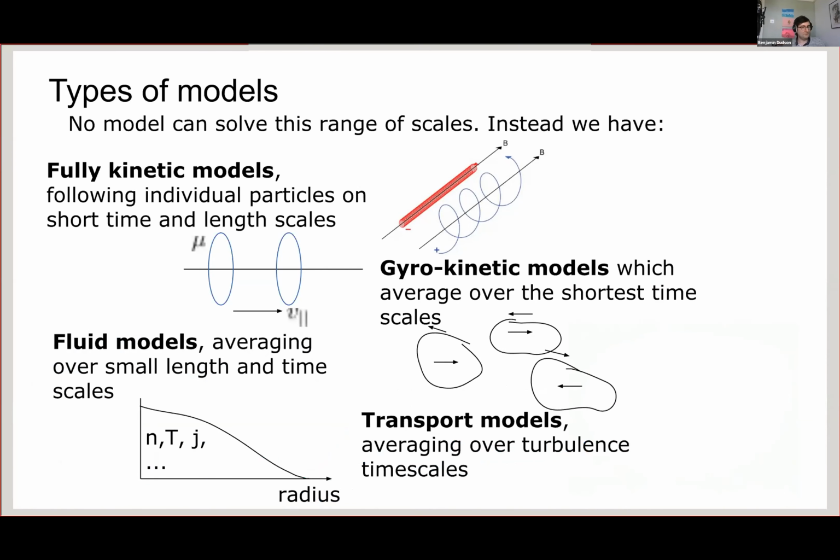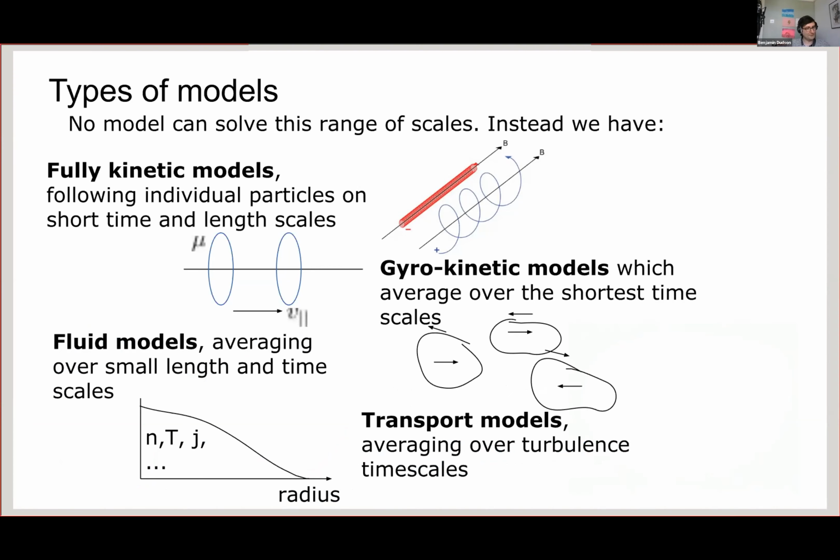Further doing this kind of model order reduction, we have the so-called fluid models. If there are sufficient collisions between particles, then you can assume that the distributions are driven towards Maxwellian, and you can start to apply some of the 3-dimensional fluid models. They look a little bit like Navier-Stokes, but typically a lot more complicated.